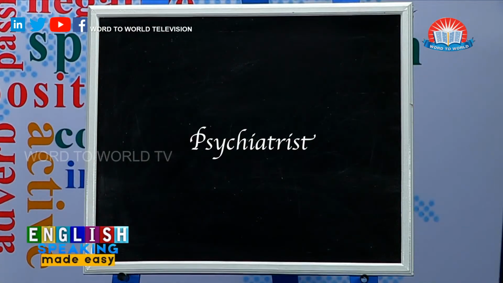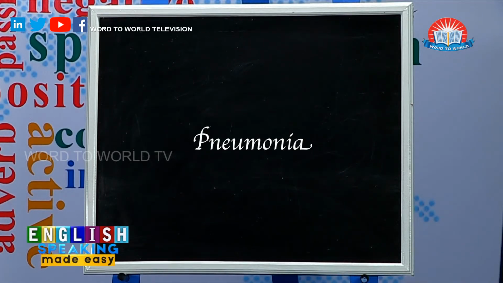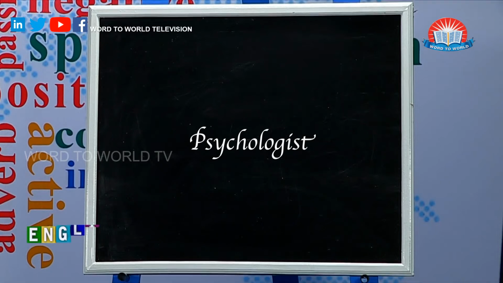P has S after it, but we do not pronounce the P, it goes psychiatrist. The second one, pneumonia, there is P but P is not pronounced there, it is just pneumonia. Psychologist, P is not pronounced, P is silent. So, in all these words, P when it is followed by these letters is silent.